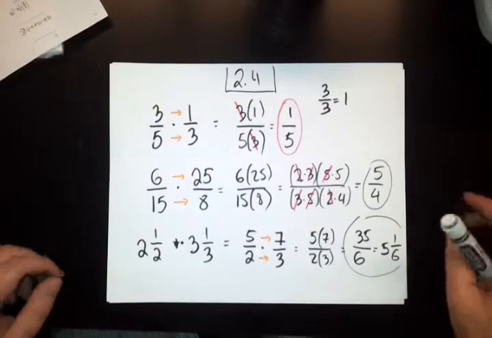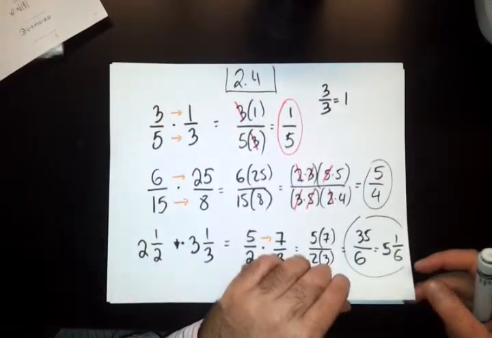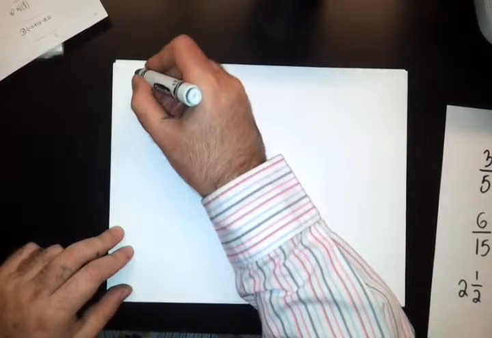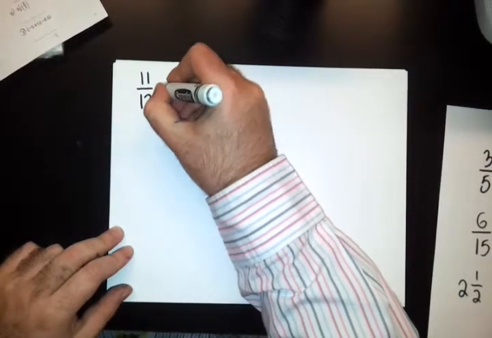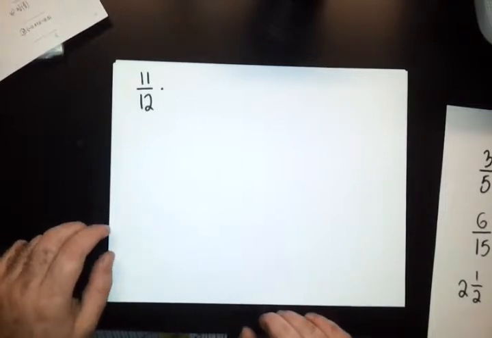The last case you might see in 2.4 is, well, actually, before we jump to that, let's do this. You might be asked to multiply a fraction, say 11 over 12, by an integer, not a fraction, purely an integer.